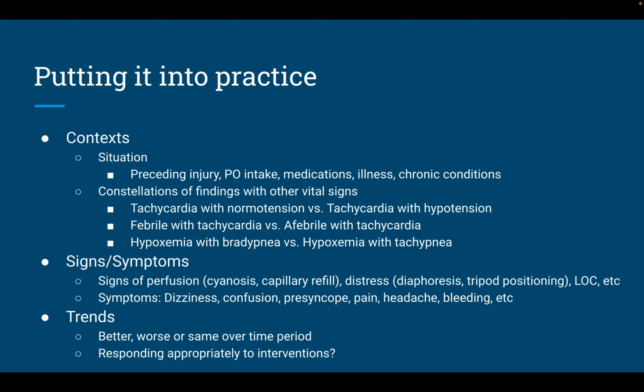And then in the third example here, somebody who's hypoxemic and bradypneic, breathing slowly, as opposed to somebody who's hypoxemic and tachypneic, breathing very quickly. The person who had an opioid overdose and is not getting a sufficient amount of respiration, their blood oxygen levels are consequently falling.